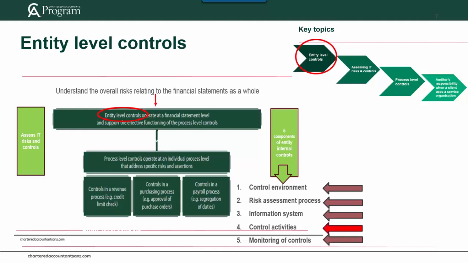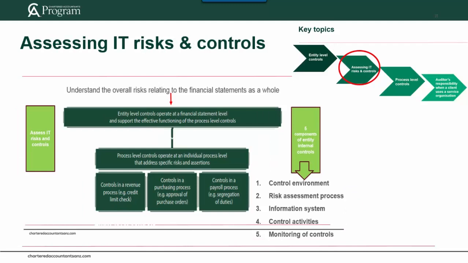But before we go on to control activities, we'll now discuss the auditor's need to understand IT and assess IT risks and controls, which is a key part of the information system component of internal control.